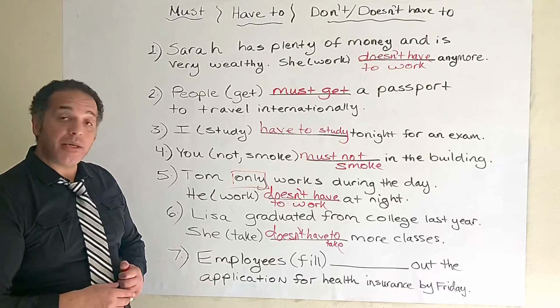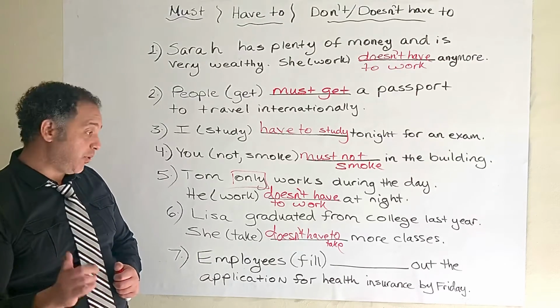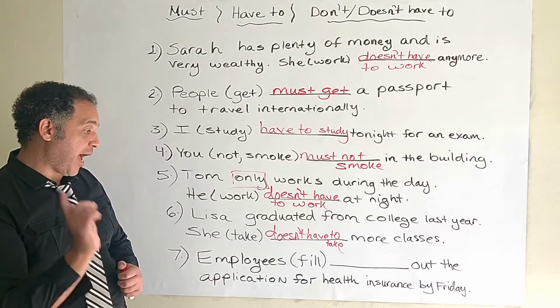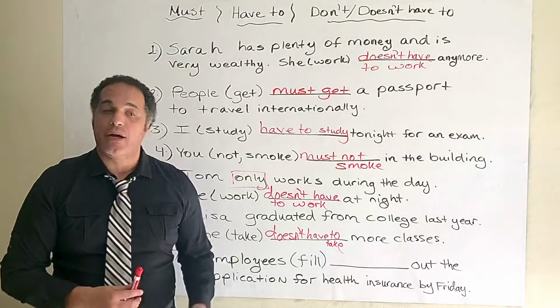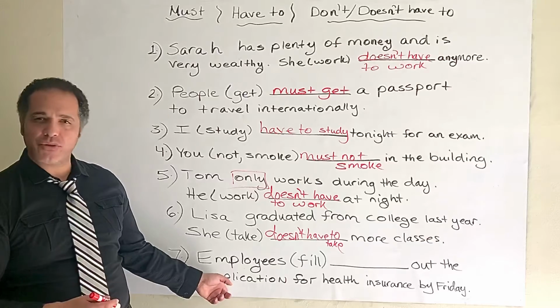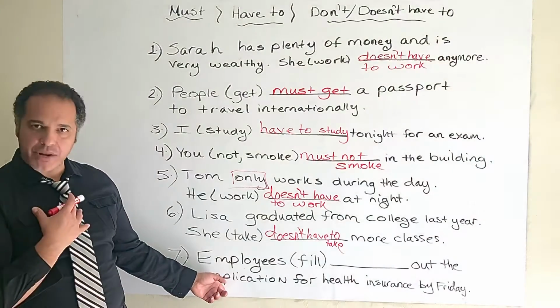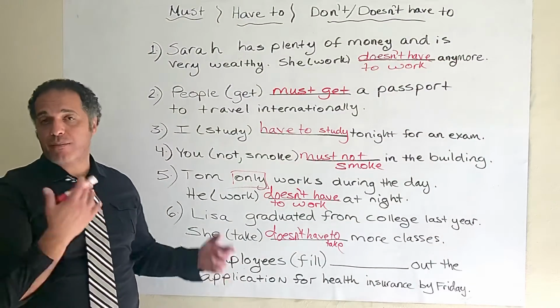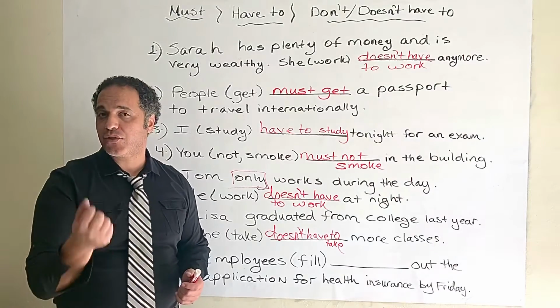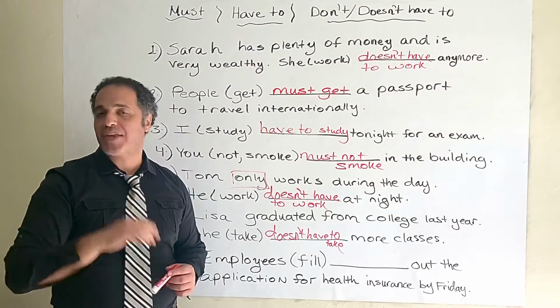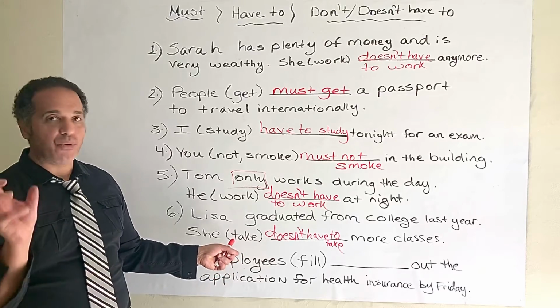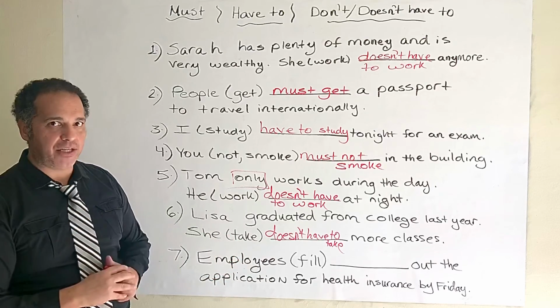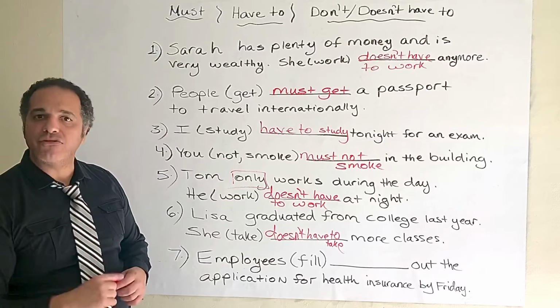Number 7, employees blank out the application for health insurance by Friday. Sometimes we receive some sort of note from our employers, the companies that we work for, because a lot of times we get our health insurance, our dental insurance from that employer, and usually they will send us a note telling us that we need to fill out an application to let them know that we want to get health care.